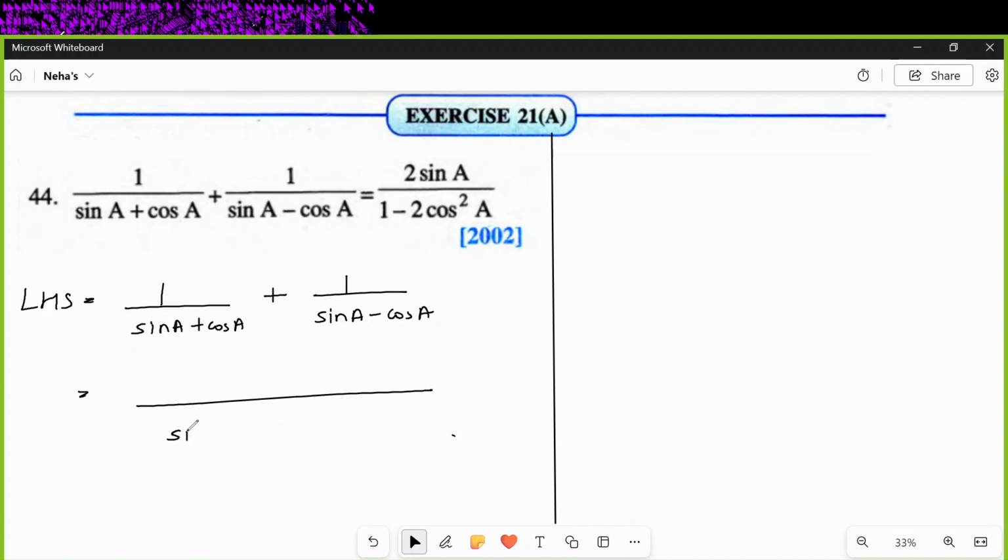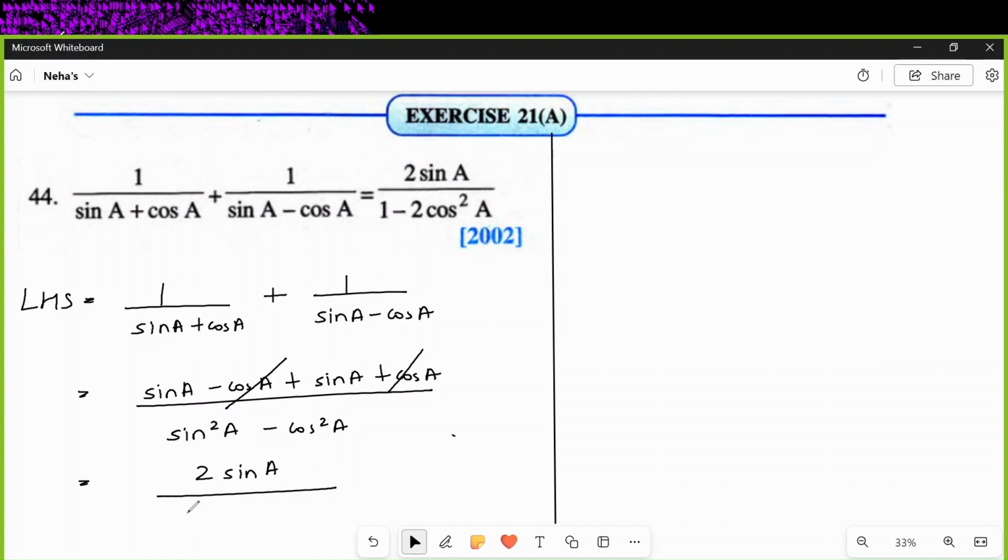So it would be sin square a minus cos square a, as we are applying the formula of a plus b into a minus b is equal to a square minus b square. The numerator will become sin a minus cos a plus sin a plus cos a. Minus cos a plus cos a will get cancelled out.